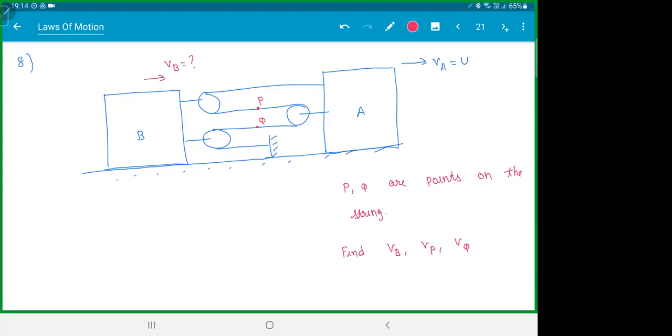Get this. Okay, get the rest. First part is fine. Find VP and VQ also.